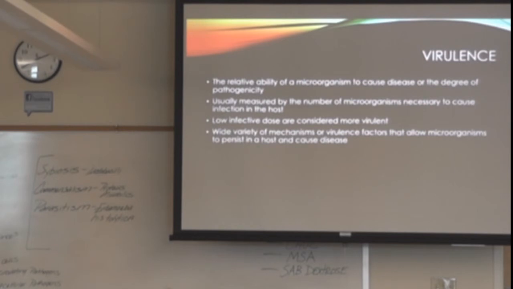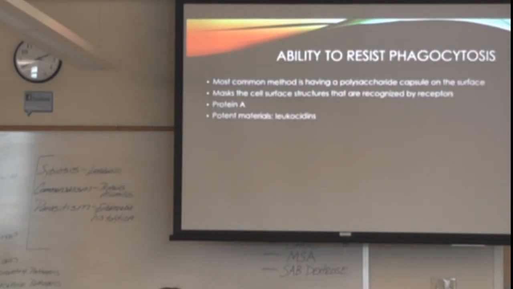So in terms of mechanisms of virulence factors, we're talking about capsules and toxins, endo and exotoxins. These are going to allow the pathogen to overcome the host defenses. Ability to resist phagocytosis is a really big one. You have a couple different examples of how it's going to be able to resist phagocytosis.